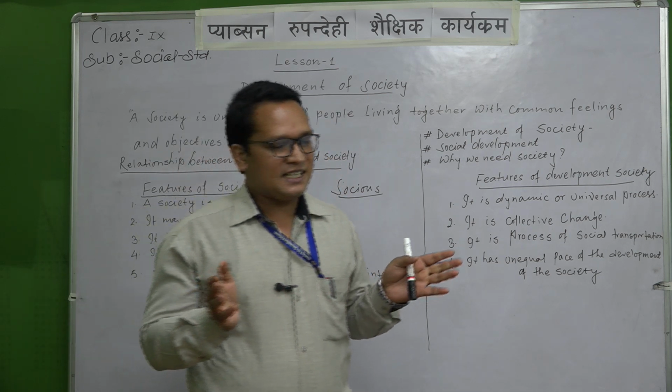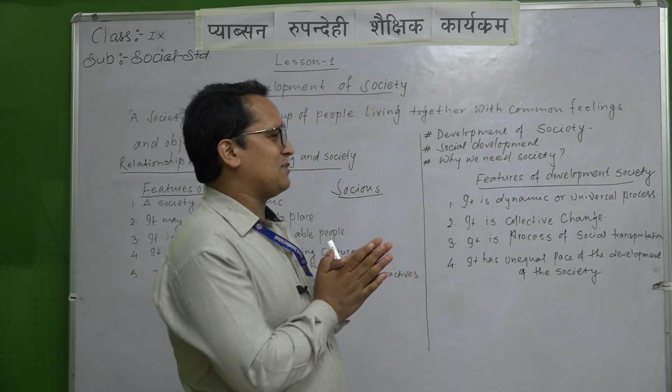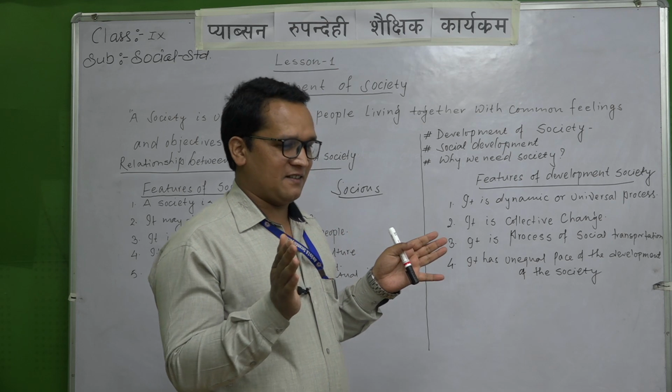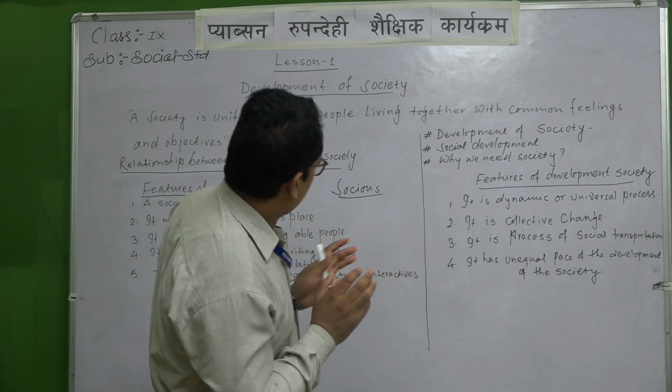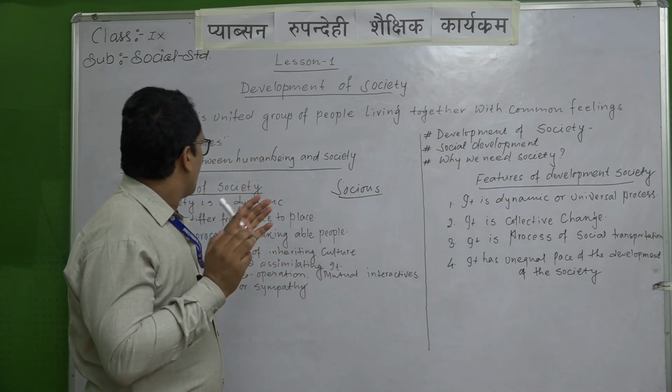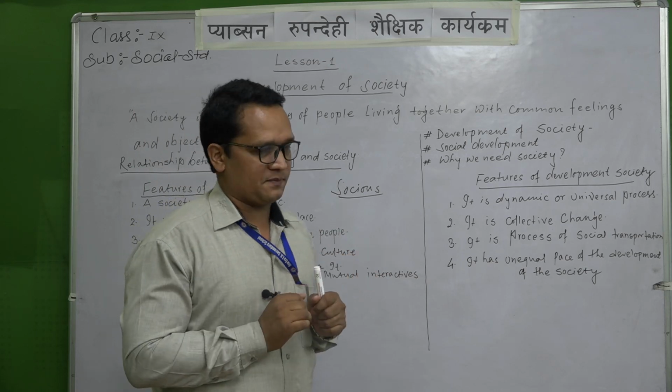So students, it is clear they have a very good relationship. They cannot leave each other, we can say. They cannot exist without each other, so human beings and society have this type of relationship.